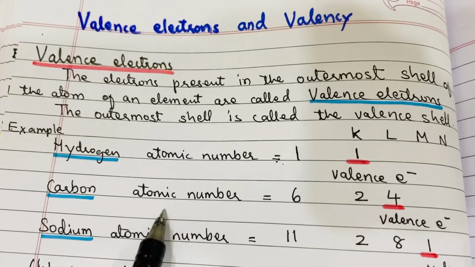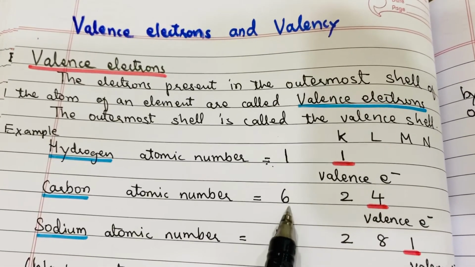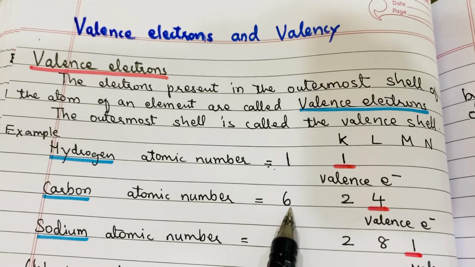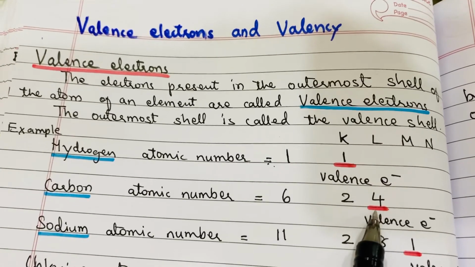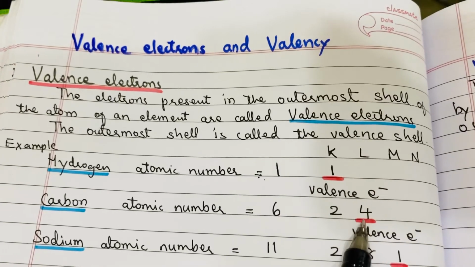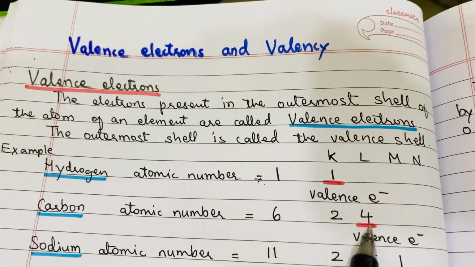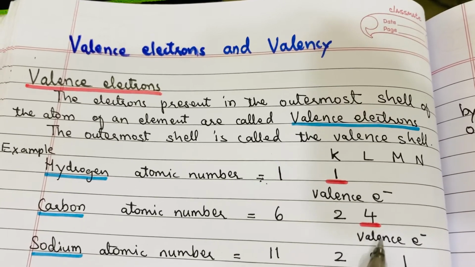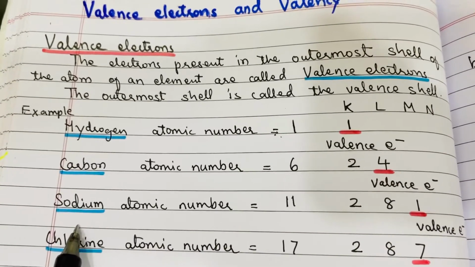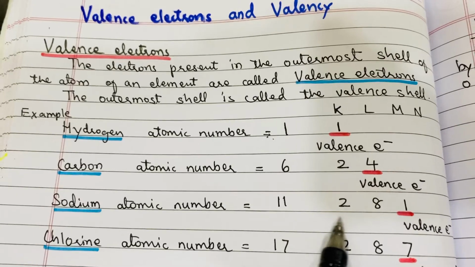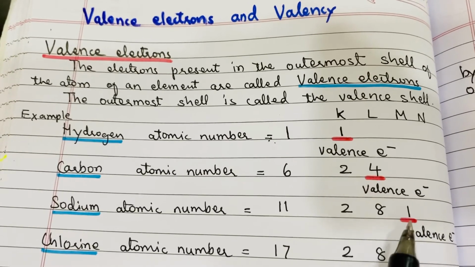Now carbon, atomic number 6. That means it contains 6 protons and 6 electrons. So how are the electrons distributed? 2, 4, right? So the outermost shell is the L shell. And how many valence electrons? Yes, 4 valence electrons. Sodium, atomic number 11, electronic configuration 2, 8, 1.